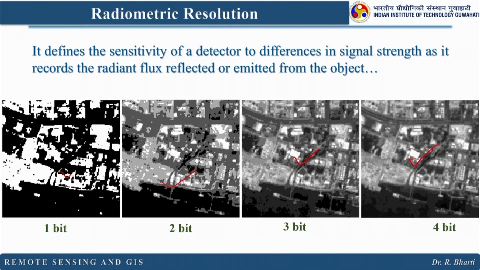So, you can understand, when you compare 1 bit, 2 bit, 3 bit and 4 bit data, definitely your 4 bit data will give you more information about that area, because it can depict smaller changes in the contrast or the values, right.